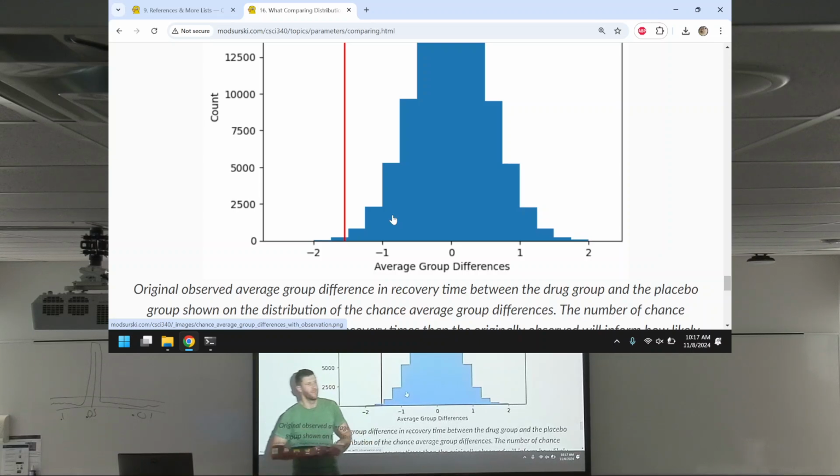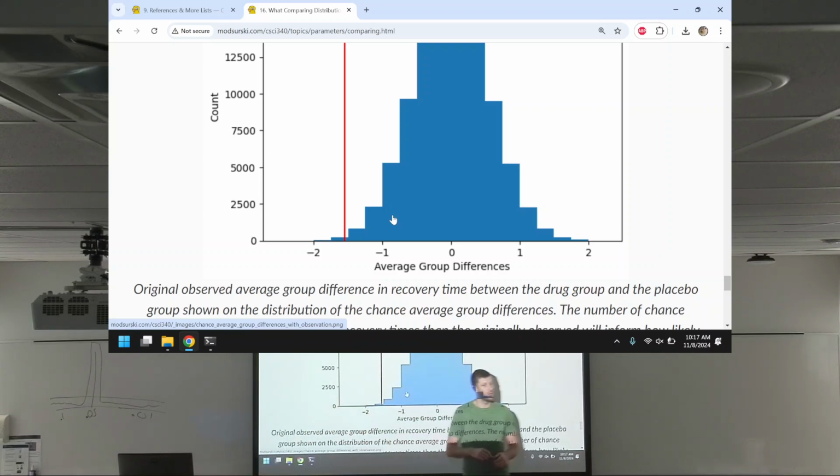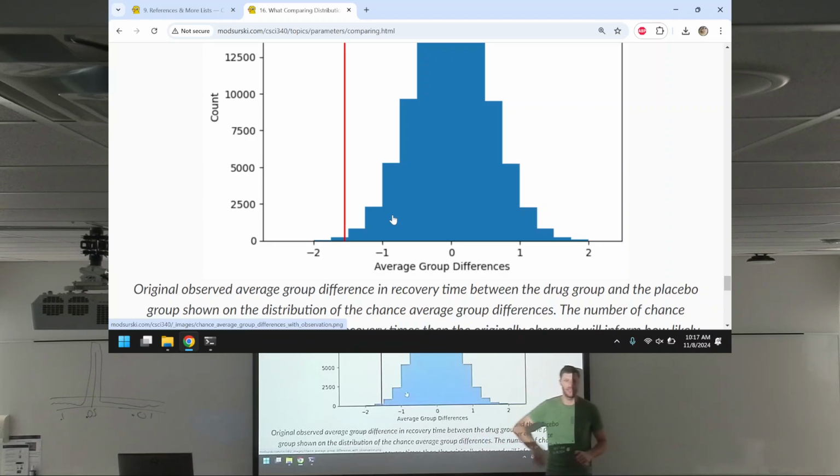it's impossible to get a p-value of 0 because at least one combination of people got 50 people on the drug and 50 people on the placebo, right? That is a possible dumb luck configuration. That is at least one of the times 10 to the 29.